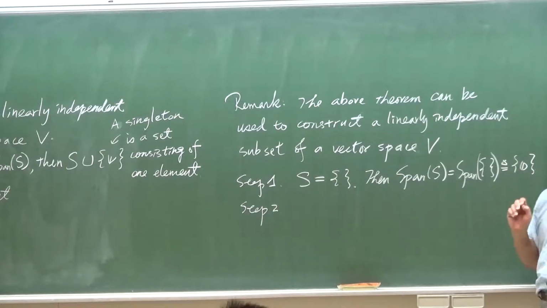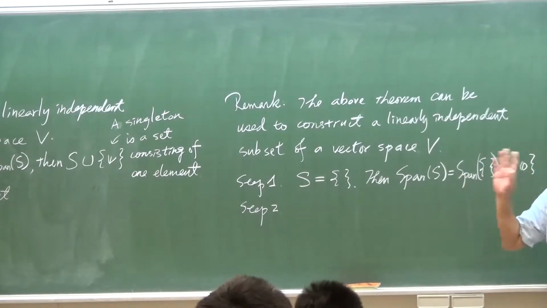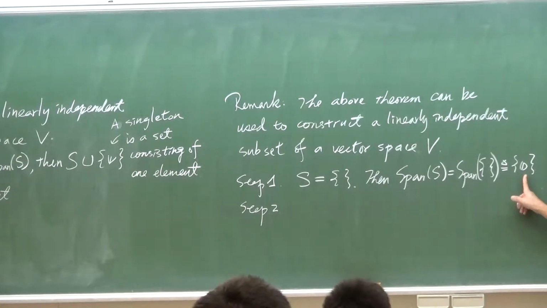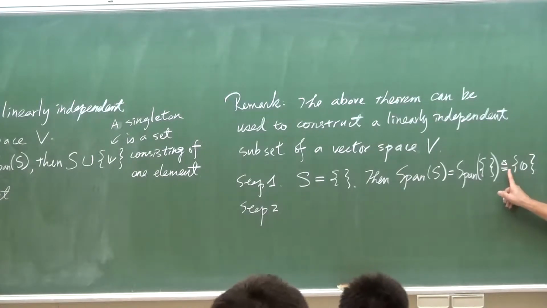So this is by definition, because we have to do something, right? We haven't defined that before. So if somebody asks you, what is the span of an empty set? Well, it's not empty at all. It's a singleton. Very, very odd, right? But this definition is very useful. So I call it a definition.